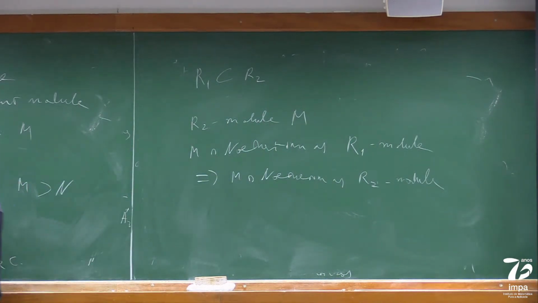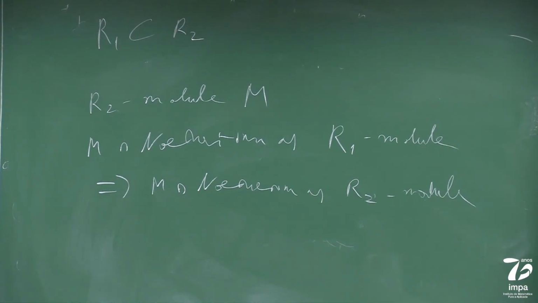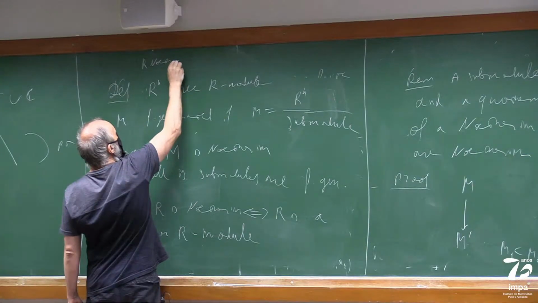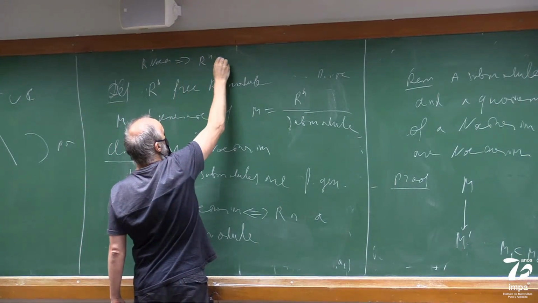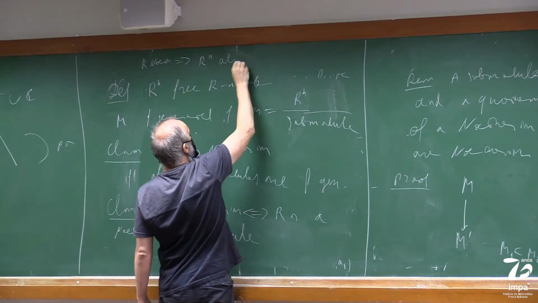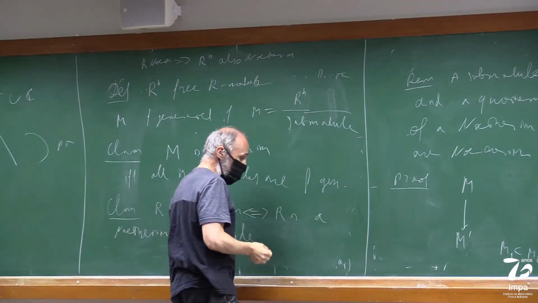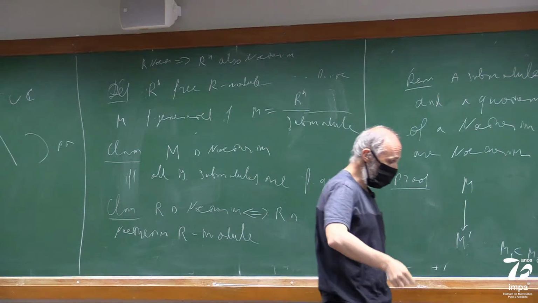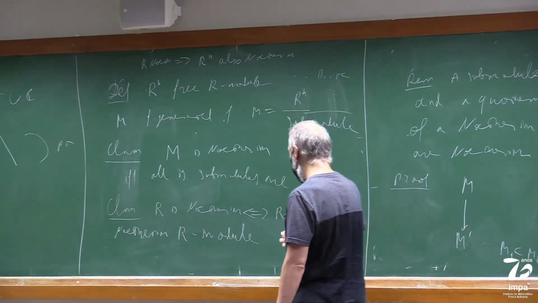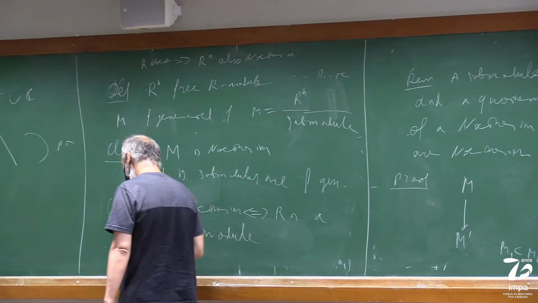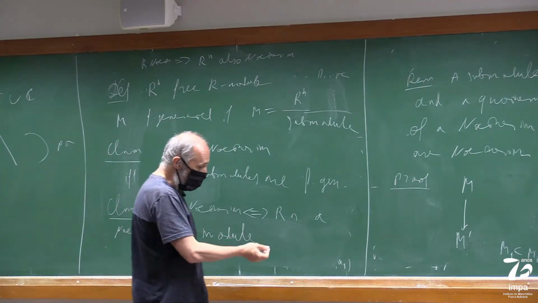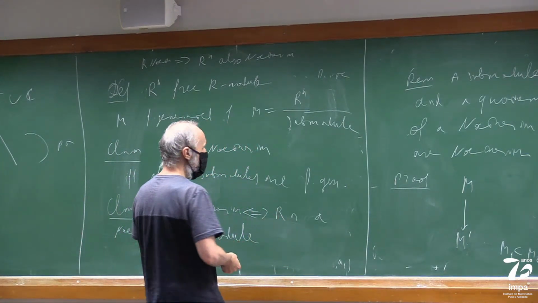Another observation, which was on the slides and I didn't give it, is that if R is Noetherian, then R to the power n is also Noetherian. It's just by coordinates. You check coordinate by coordinate that if you have a chain, it should stabilize in all coordinates, so it really stabilizes.